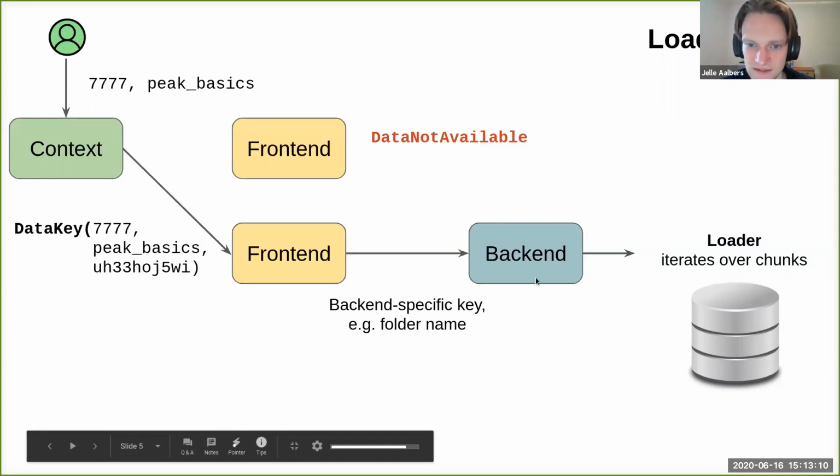Anyway, the backend takes care of actually loading the data, and it knows how to, for example, if it's a file system backend, read this JSON file that's shipped with the data to find out what compressor was used, what data type was used, and how to go to the actual files, decompress them, and convert them into a NumPy array.